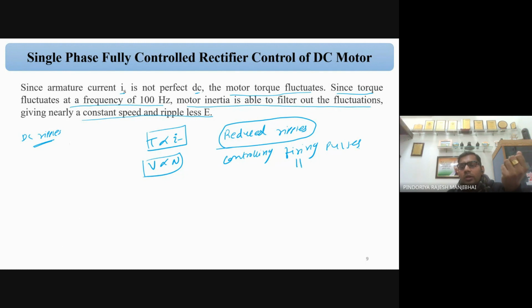By controlling the firing pulses, we have to design the control algorithm. Design a control algorithm for what? For the power electronic switches. By using the power electronic switches, we can control the supply voltage. So that is ultimately our goal.